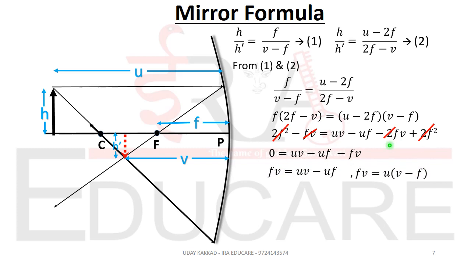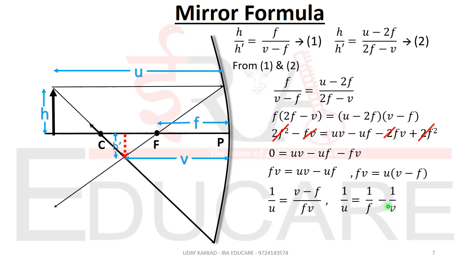Take u common, and interchange the terms. u comes to the denominator and fv comes to the denominator, right? Now v upon fv, so the v's cancel, so 1 upon f, minus f upon fv, so the f's cancel, so 1 upon v. So it gives you 1 upon f minus 1 upon v.